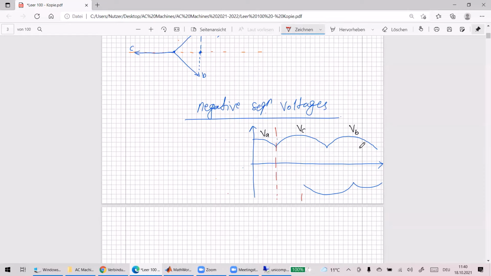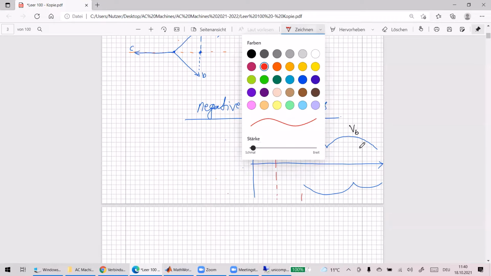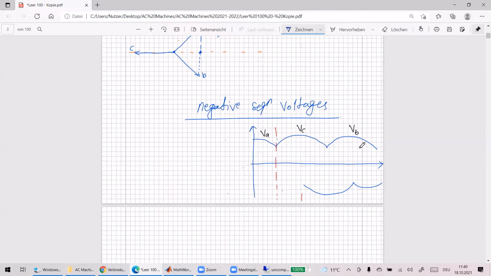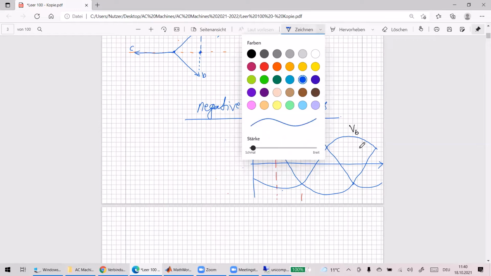Can I undo? Okay, I made some mistake, but I'll try to fix it. So the green color.